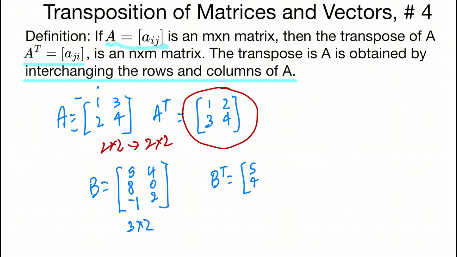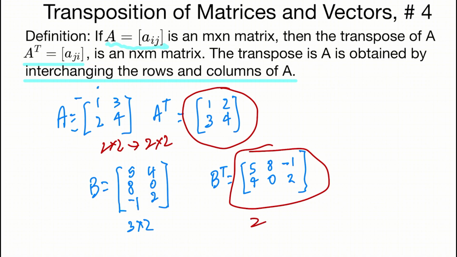The second row, 4, 0, becomes the second column. And the third row, minus 1, 2, becomes the third column. Okay, so that is the transpose. So now the 3 by 2 became a 2 by 3. The m and n interchanged.